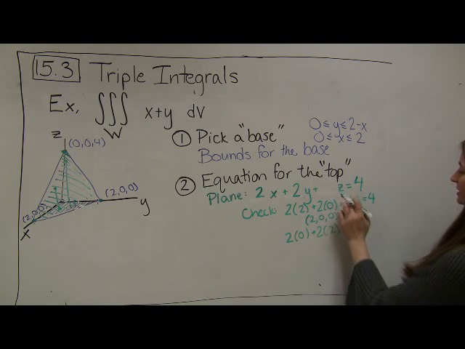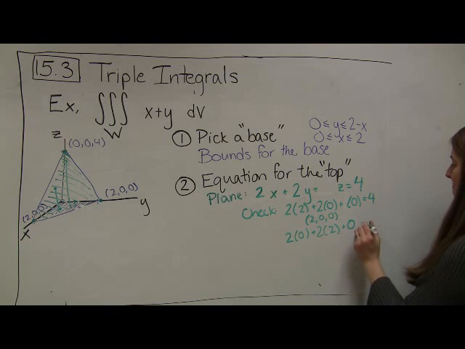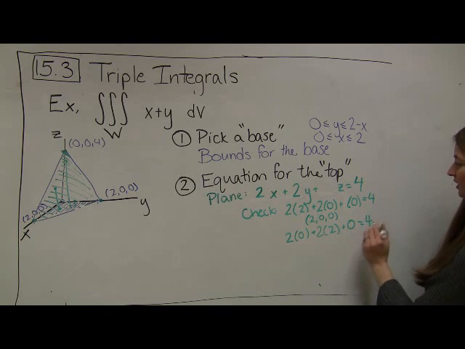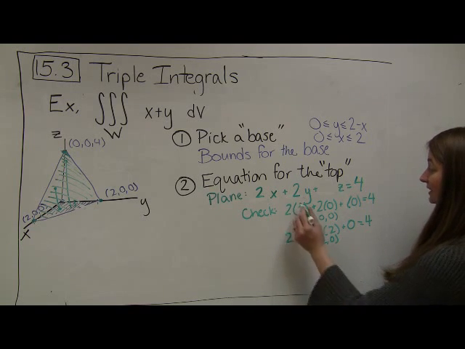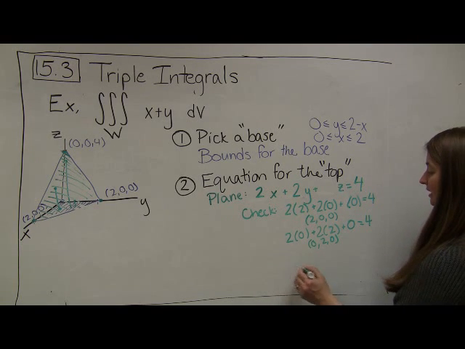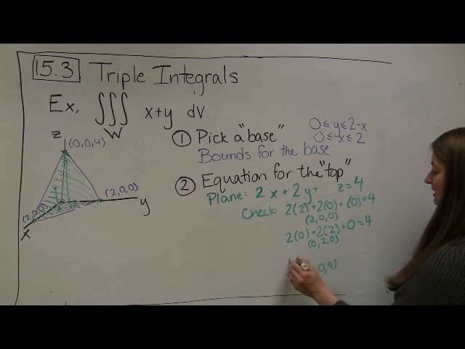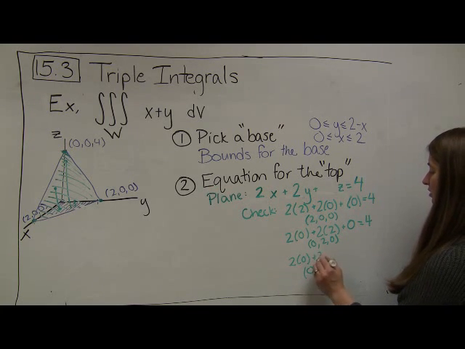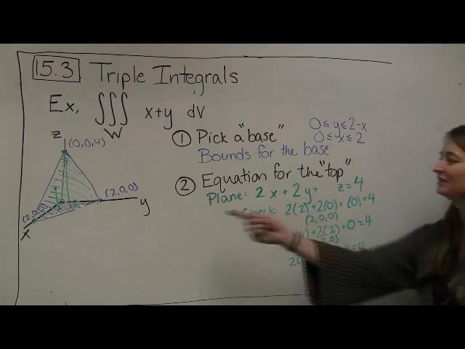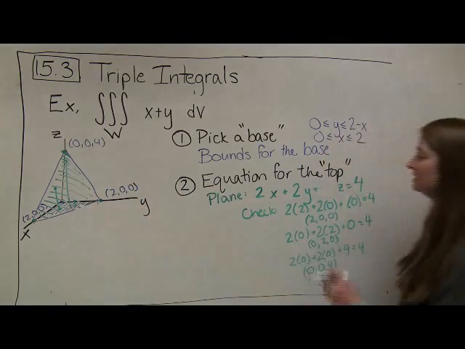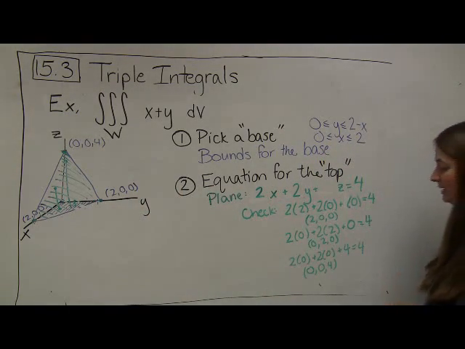The coefficient on my z is just 1. And this again gives me 4 by plugging in the point 0, 2, 0. And then finally, I could plug in the point 0, 0, 4. And I see that 2 times 0 plus 2 times 0 plus 4, in fact, gives me 4. So this is my shorthand way, given these 3 easy points, to be able to come up with the equation of my plane.